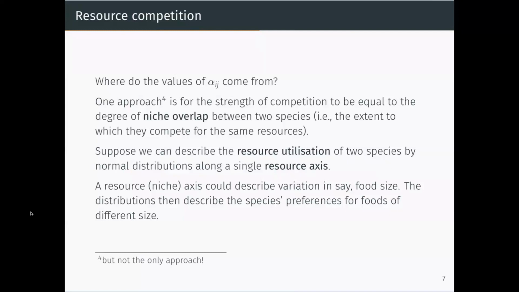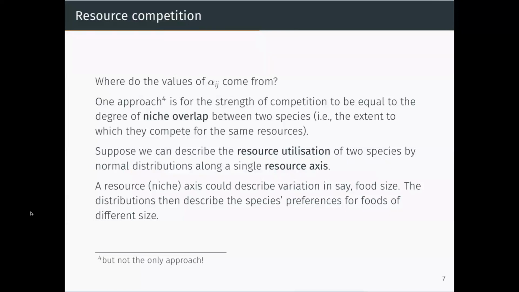We can then describe a function that tells us, okay, do they tend to prefer smaller seeds or larger seeds, and how much do they use of these different types of seeds? So this is one way of thinking about a species niche, and we could extend that to thinking about many different types of resources. We're going to just focus on one type of resource here to keep things simple.